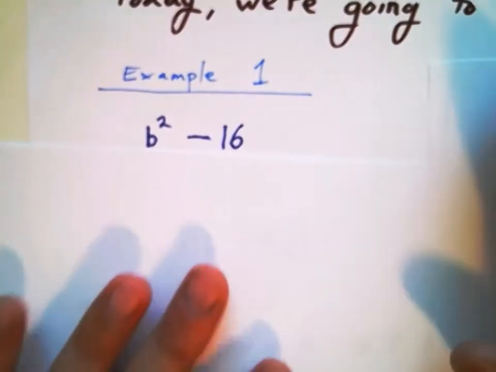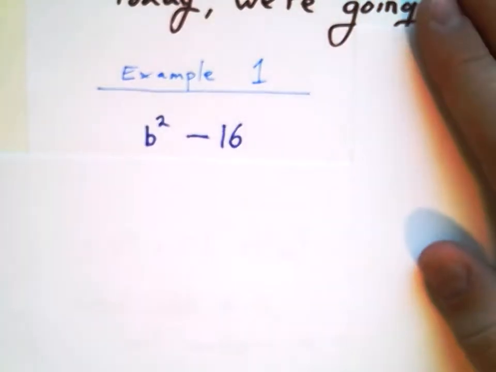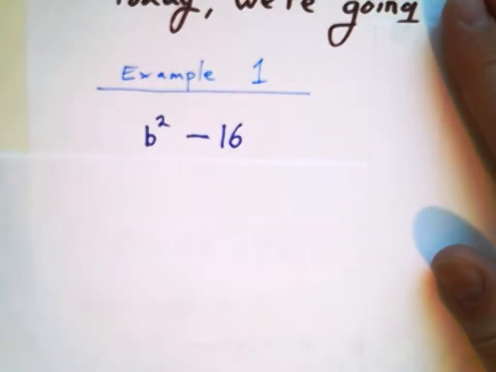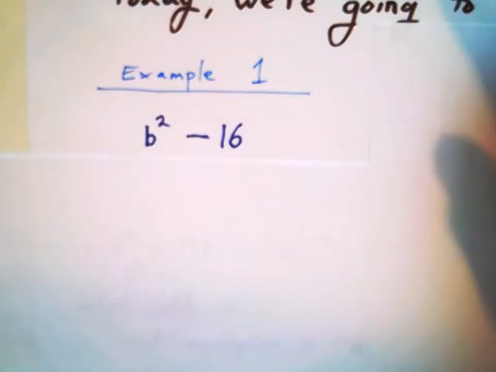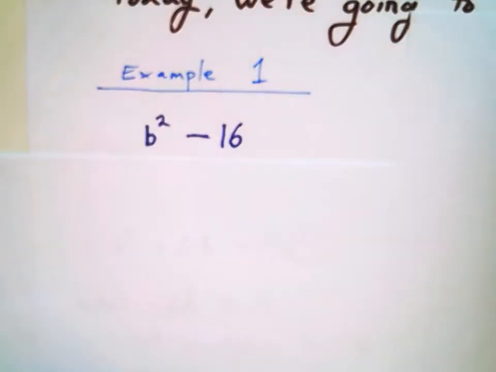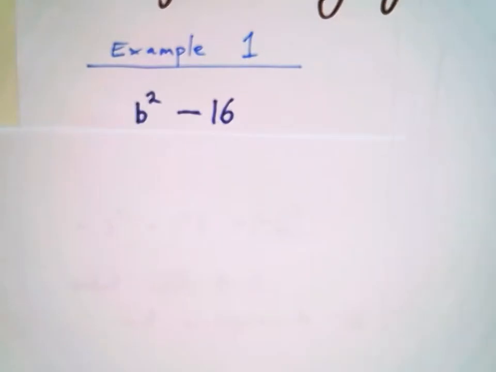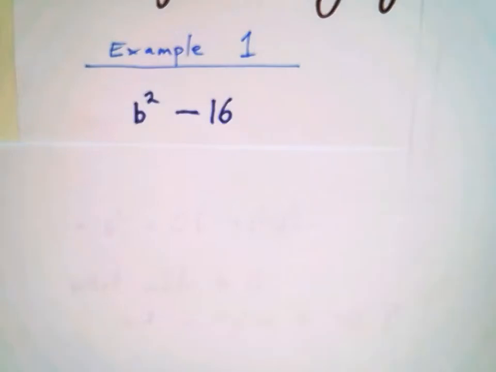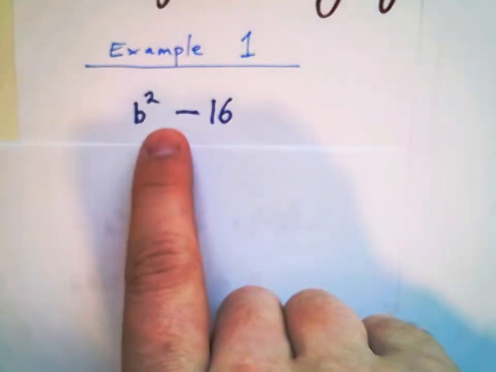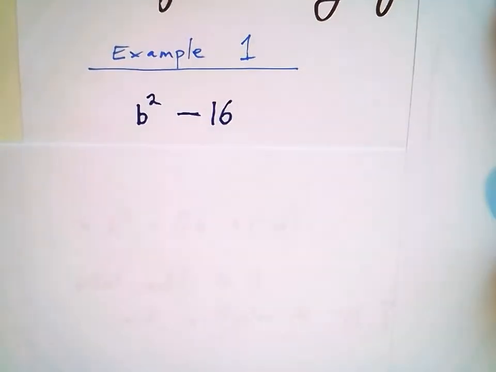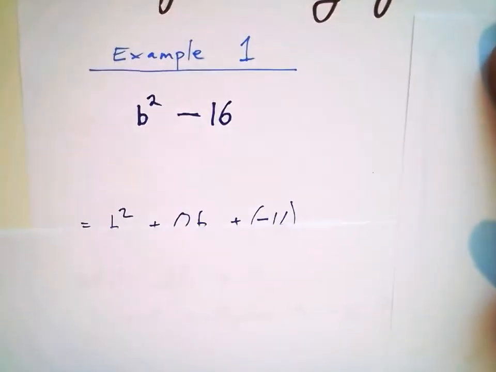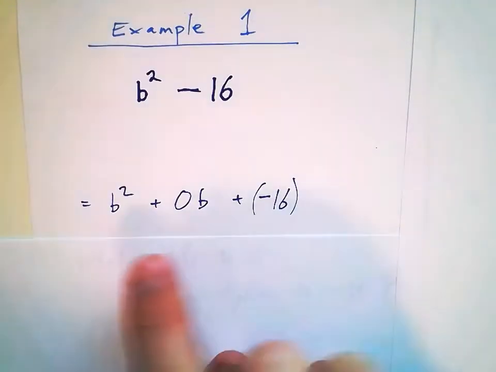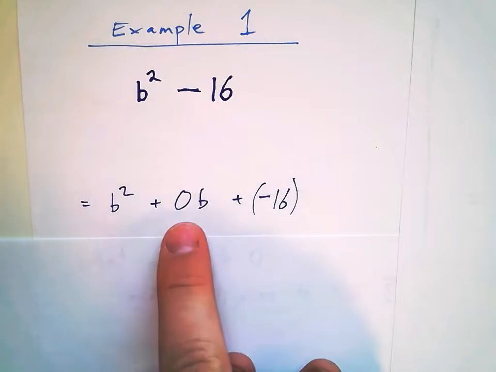b squared minus 16. So what you're going to say is, well, what two numbers add to 0 and multiply to 16? If that's confusing you, let me show you this. The middle term is 0.